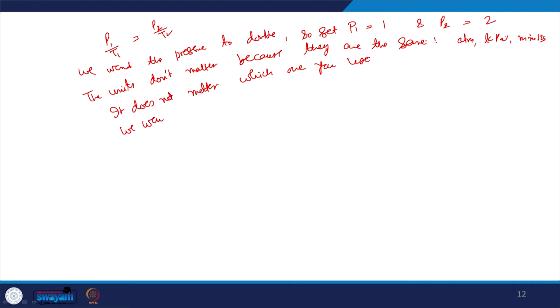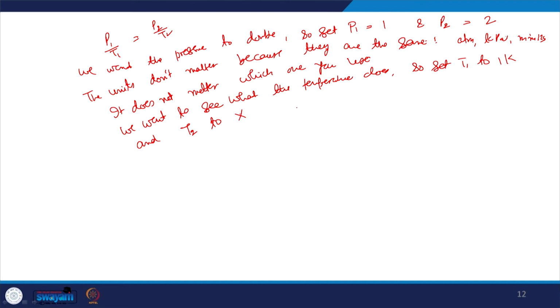Now, we want to see what the temperature does. So, set T1 to 1 Kelvin and T2 to, let us say, X. The temperature does matter. It must be in Kelvin.